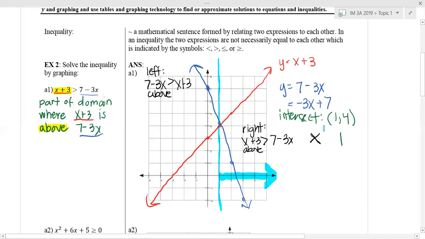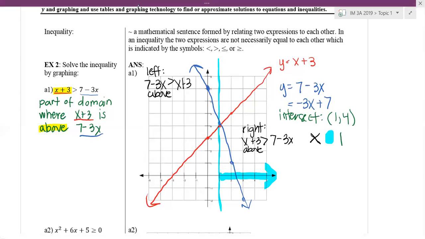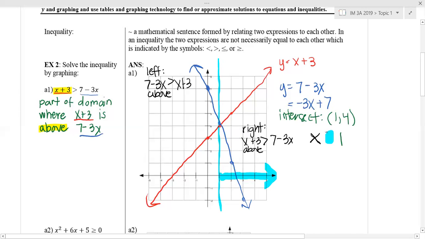And so my inequality is going to be that x is greater than 1. Because I didn't have an equal to in the original problem, I don't have an equal to in my answer. So instead of my answer just being x equals 1, as it was if that was an equal sign in between, we have x is greater than 1, because the right side of the point of intersection is where the red line is now above the blue line.